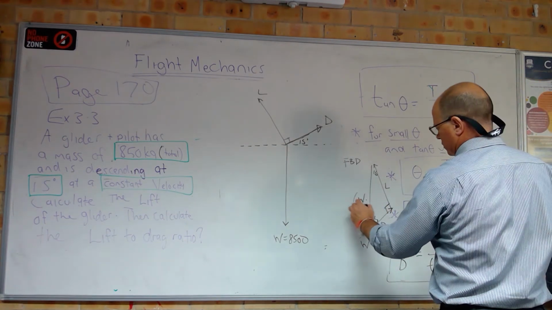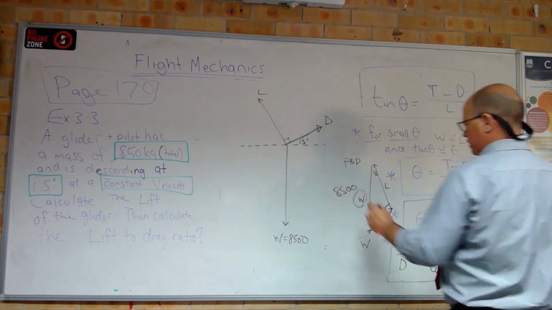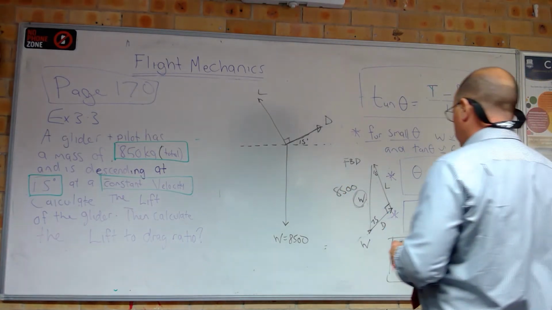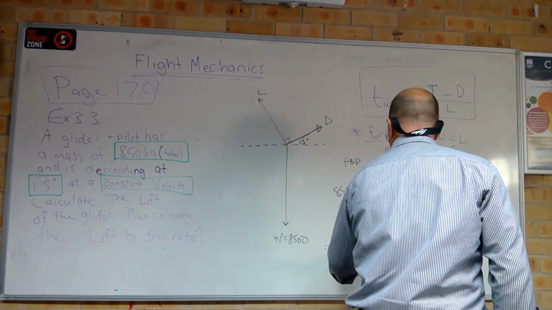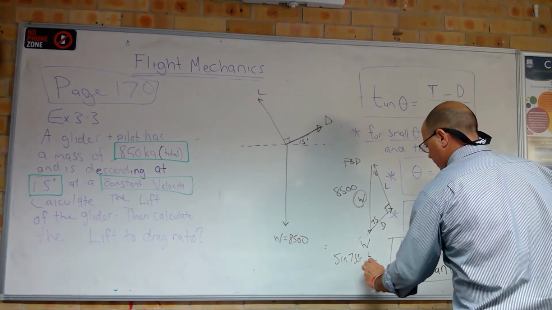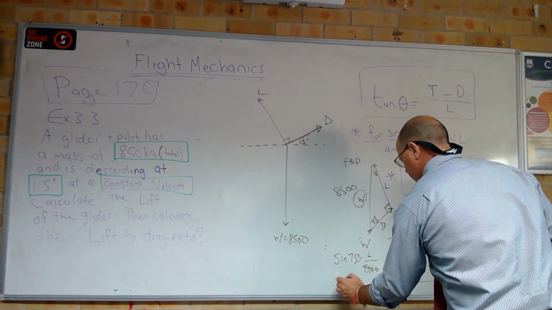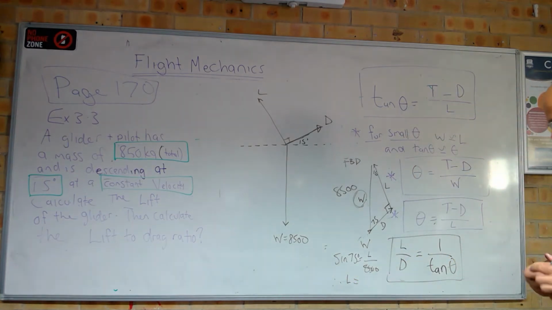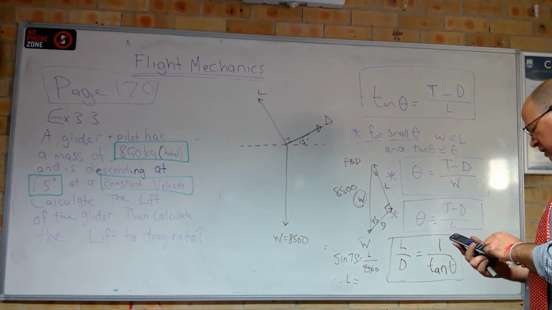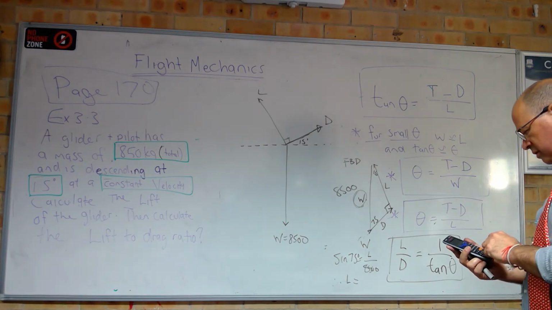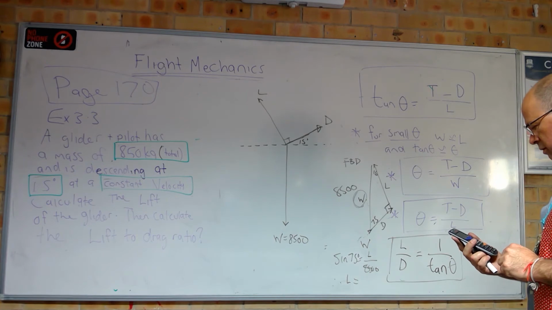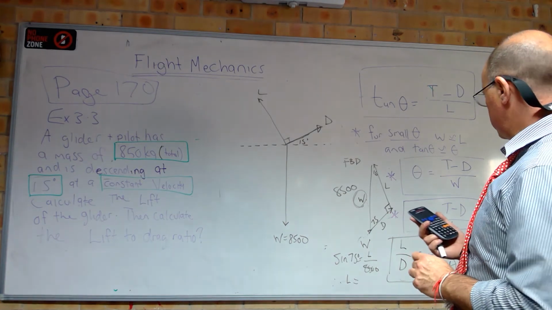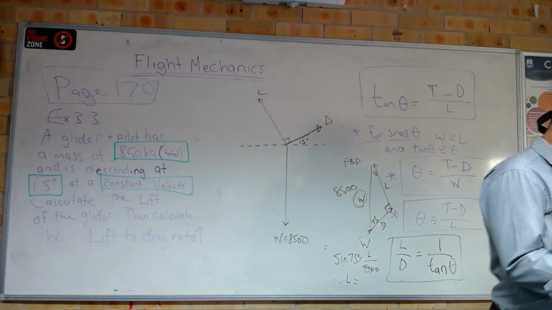So he knows his weight value is 8,500, and he's used that by saying opposite on hypotenuse, so sine of 75 degrees is equal to L over 8,500, therefore L is equal to 8,500 times sine 75 degrees. So that's the way he's done it.